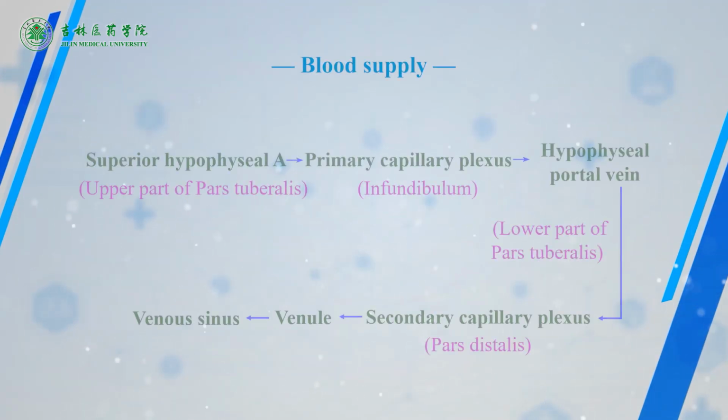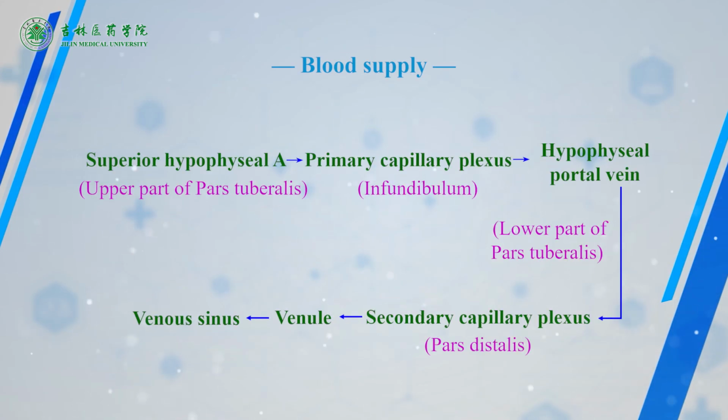Blood supply of adenohypophysis. To understand the functioning of the hypophysis, it is very important to study this blood supply. Superior hypophyseal artery penetrates the upper part of pars tuberalis into the infundibulum and forms primary capillary plexus of fenestrated capillaries.